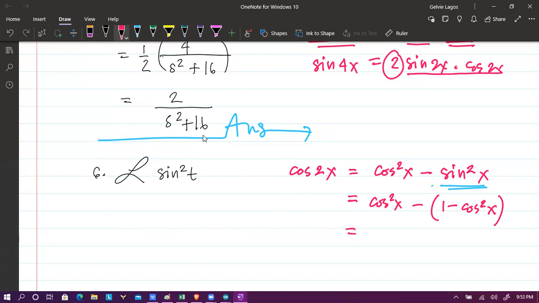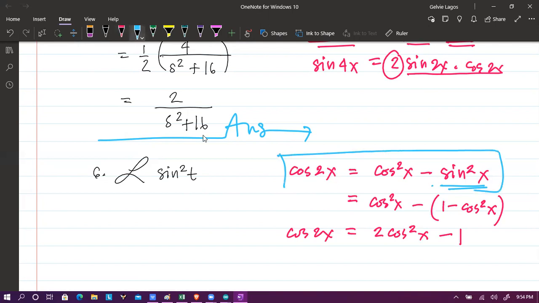Now we have 2 cosine squared x minus 1. Take note, this will become cosine squared x minus 1, which is equivalent to cosine of 2x. Take note, this is your identity back in your trigonometry.